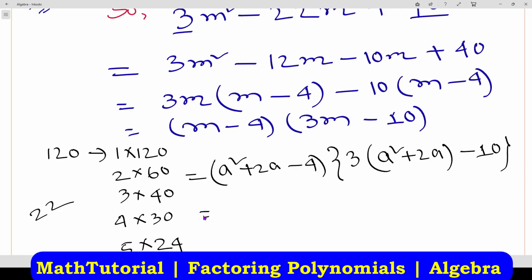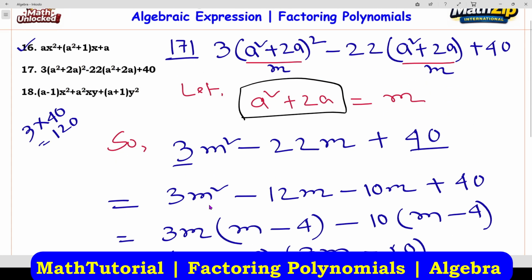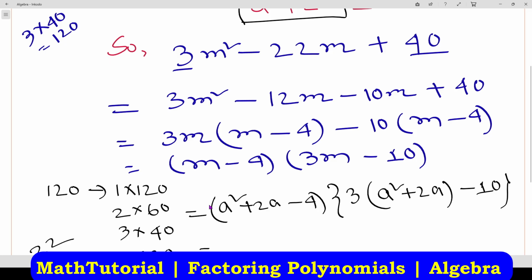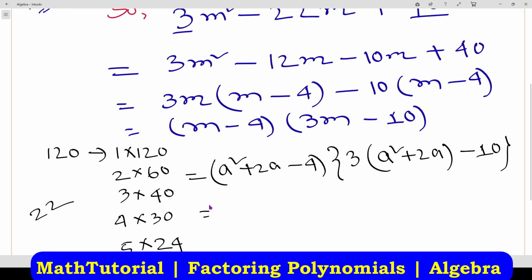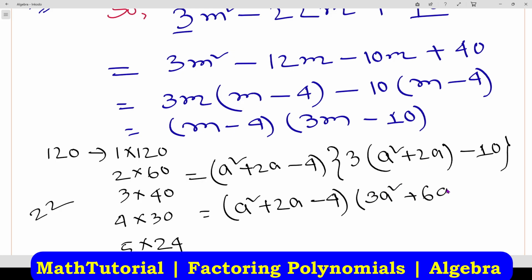So finally we can write a² plus 2a minus 4, and here 3 times a² is 3a², plus 3 times 2a is 6a, and then minus 10, and this is our answer.